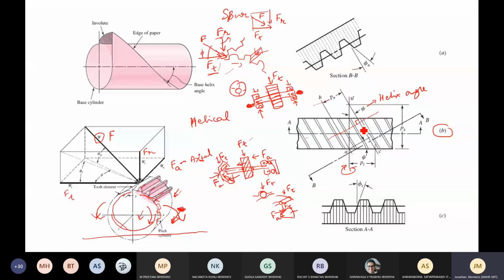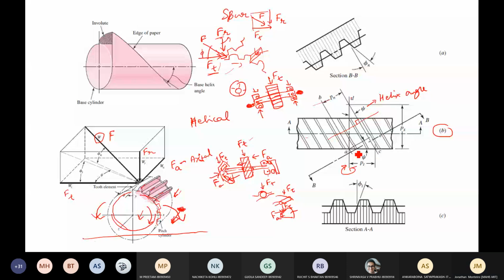Pitch is the difference or the distance between any two similar objects. In this case, it is the distance between any two particular lines we are interested in. So this circular pitch, let me give what this Pn and Pt are here.